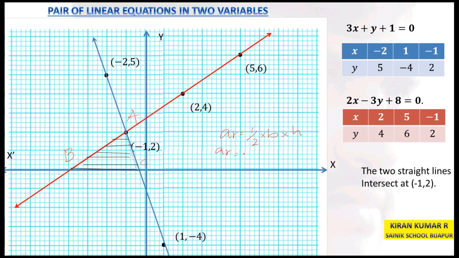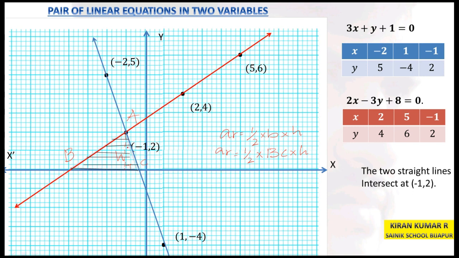In other words, area is half multiplied to base, in this figure is BC, and the height we do not know, we need to find. Height is the perpendicular. Suppose from A, if you draw a perpendicular on BC, we get the height.